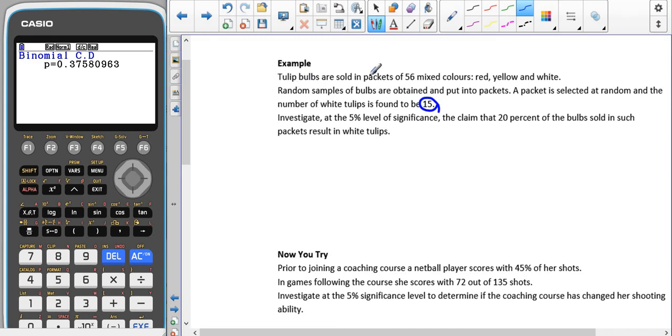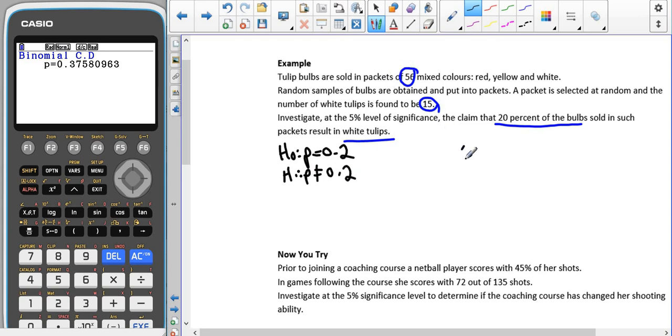If they're being sold in packets of 56 and it's a mix, we're trying to see if it's the claim that 20% of the bulbs sold in the packets are white, because here we're trying to see if it is 20%, it either is going to be 20% or it won't be 20%.